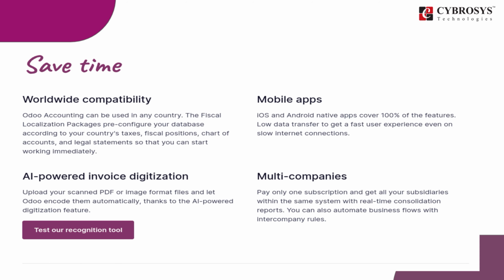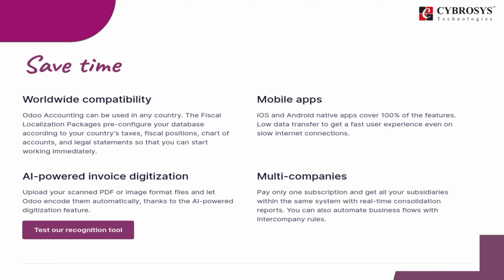Then iOS and Android native apps cover 100% of features. Low data transfer to get a faster user experience even on slow internet connection. The next comes the AI-powered invoice digitization. Upload your scanned PDF or image format file, so Odoo can encode them automatically.